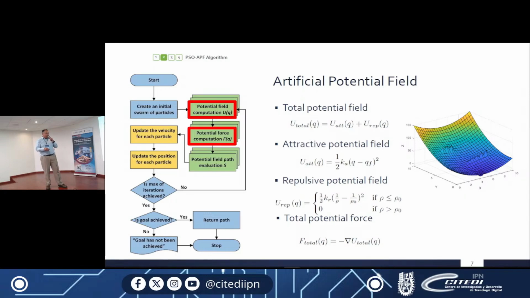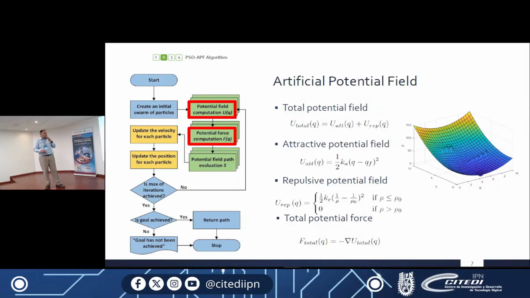The artificial potential field consists of these two main functions, the attraction and the repulsion. The attraction is all the time attracting the robot to the goal. And the repulsion, when the robot is near an obstacle, the obstacle pushes the mobile robot away.